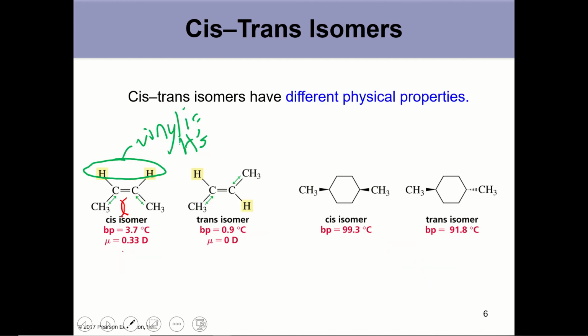So cis-trans isomers have different physical properties. Cis isomers that have identical substituents, so two hydrogens and two methyl groups, where each vinyl carbon has the same groups, the cis isomer will have a dipole, but the trans isomer will not, because the dipoles cancel.